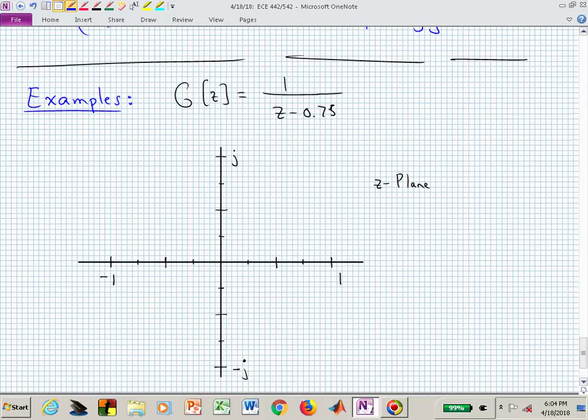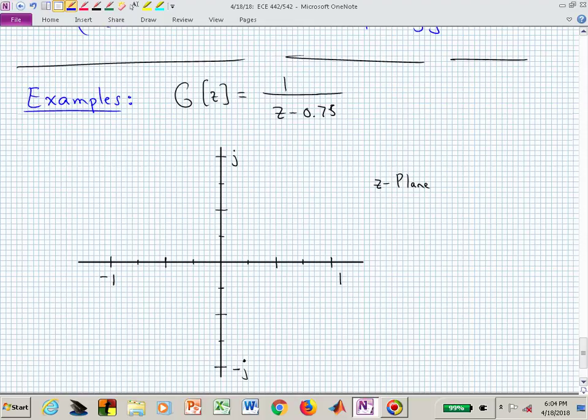What do you do now if somebody says, here's a system and we want to control it? And they've given you a z-plane. So they're hinting to maybe do something relative to the z-plane.